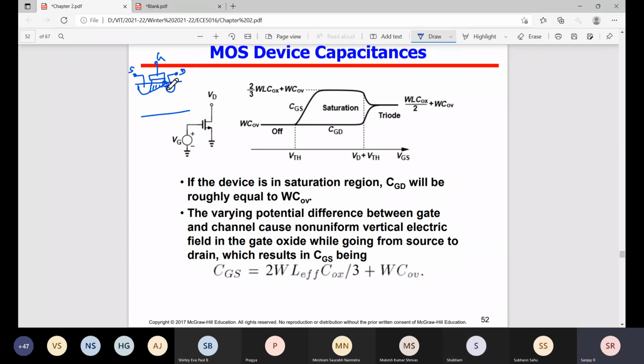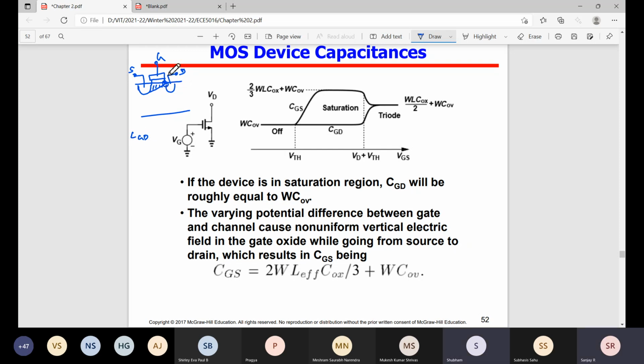Good. So that means the charge distribution is non-uniform. More charge means more capacitance, less charge means less capacitance. So at the pinch off point, at the drain terminal, no charge. So what is the capacitance at the drain terminal?